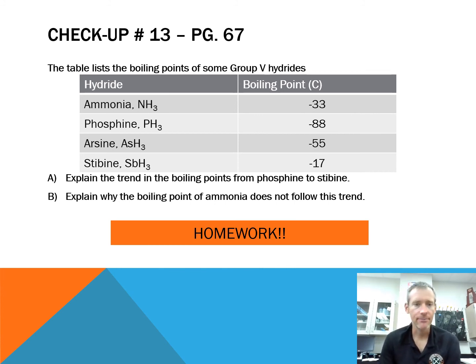So you should see it's basically the same idea, that it goes down and then back up. So explain why the boiling point of ammonia does not follow this trend. So again, kind of the same idea with hydrogen bonding. So basically, part A is explain the trend, what's happening between phosphine and stibine, and then explain why ammonia does not follow this trend.